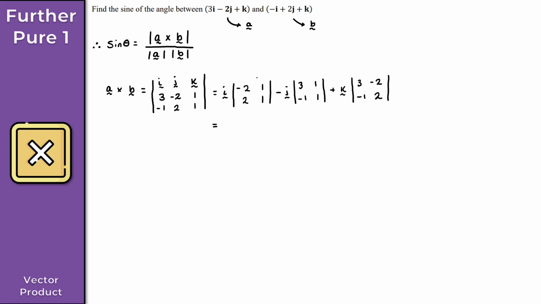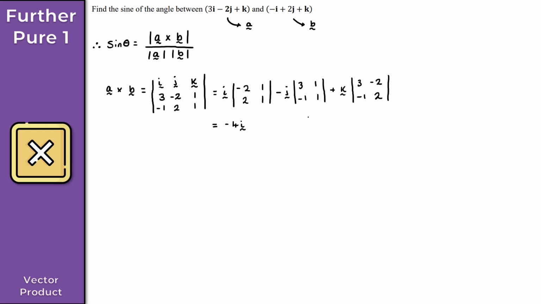Starting off with this 2 by 2 determinant, we have minus 2 times 1, so that gives us minus 2. We then subtract 2 here. So in that case, we get minus 4. We have minus 4i there. Now for the next 2 by 2 determinant, we do 3 times 1, which is 3, minus 1 times 1.